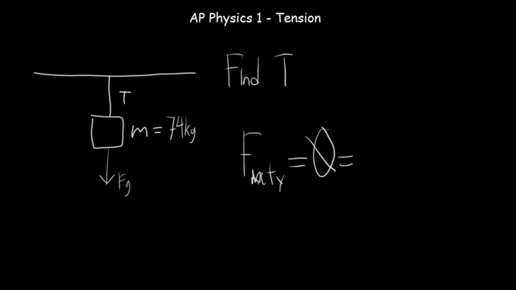If the net force in the y direction is 0, that's because the box is not moving, and it's not moving in this scenario. Even though there's a force of gravity that's technically trying to pull it down, or making an effort to pull it down, there's a tension force that's keeping the box in place.